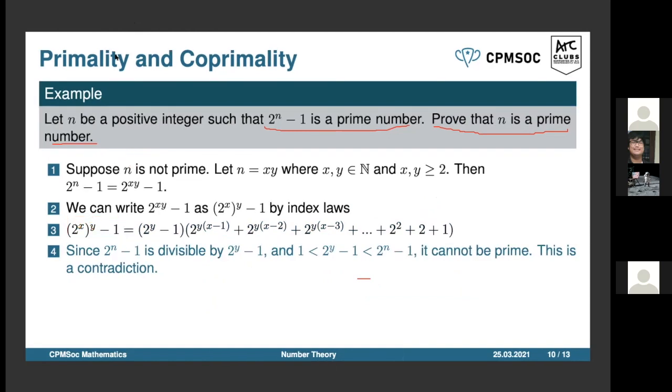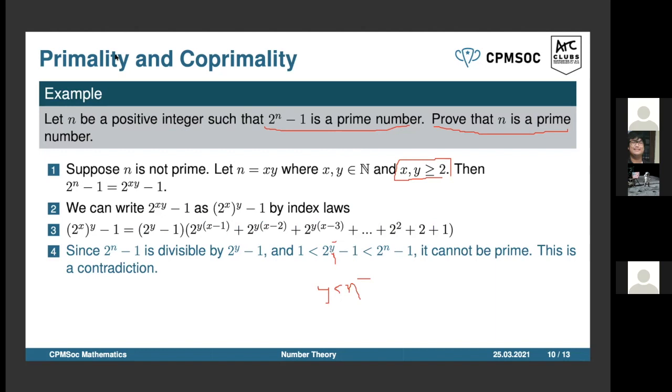So we've found a factor 2 to the y minus 1 of 2 to the n minus 1. And remember, x and y are at least 2. So y is at least 2, so 2 to the y minus 1 is greater than 1. And since x is at least 2, y is less than n, so 2 to the y minus 1 is less than 2 to the n minus 1.